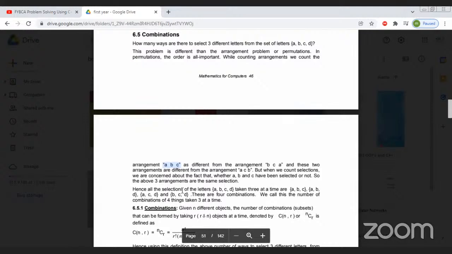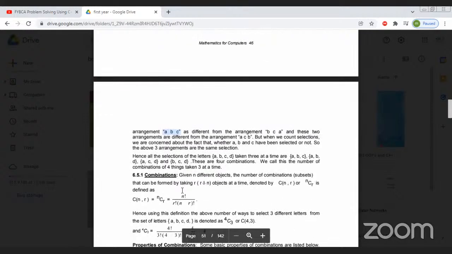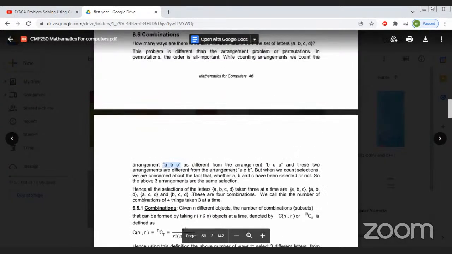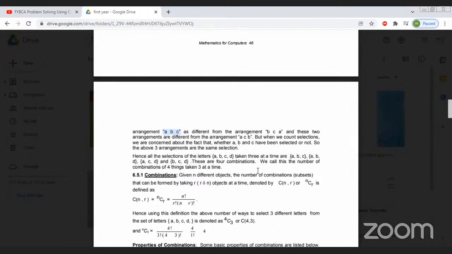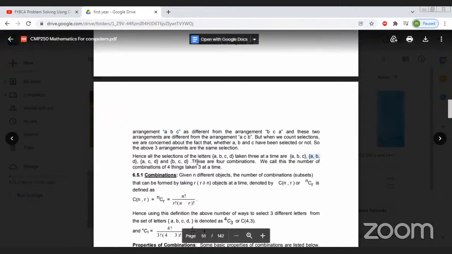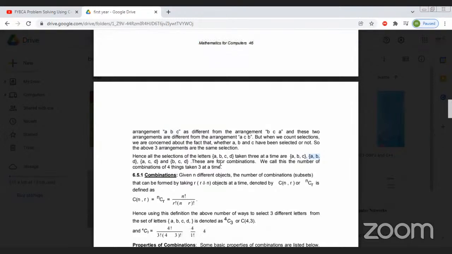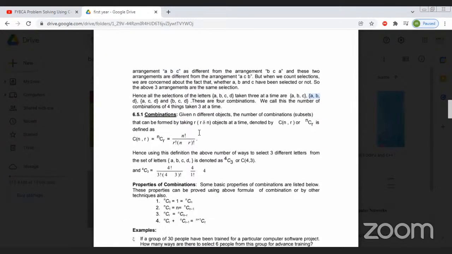Understood? Only one selection they have considered. Same way, if you need to find the correct ones, those are ABC, ABD, ACD and BCD. So there are only 4 combinations. Did you understand? For 3.